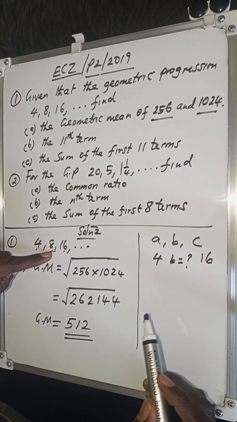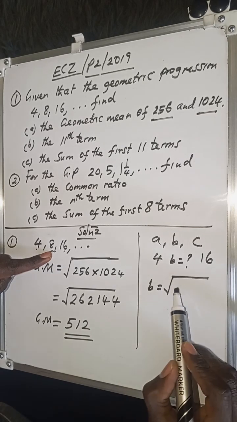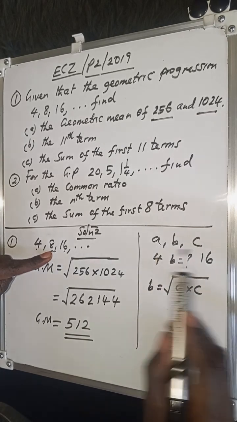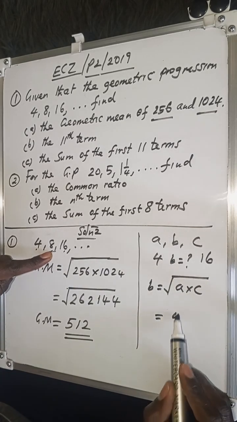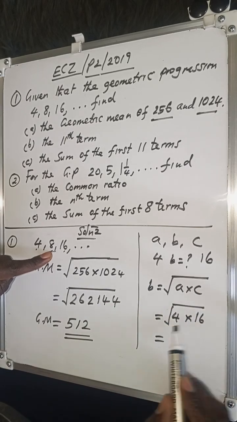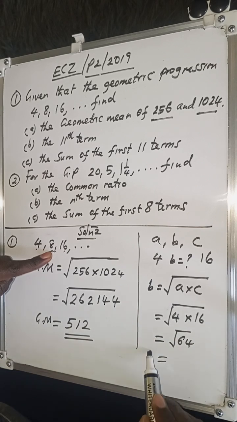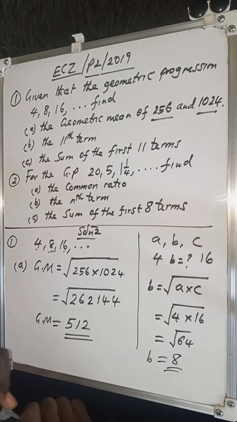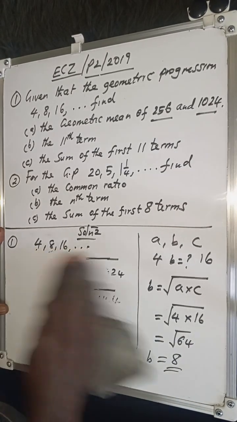It is possible you can know what your B is. That's the geometric mean. So it is simply the square root of A times C. So what is our A? It's a 4. And what is our C? It is a 16. So whatever we get, we square root that. Like I said, that is 64 when you multiply. What is the square root of 64? 8. So you can see how the 8 was found there. So that's what we call the geometric mean of two numbers.